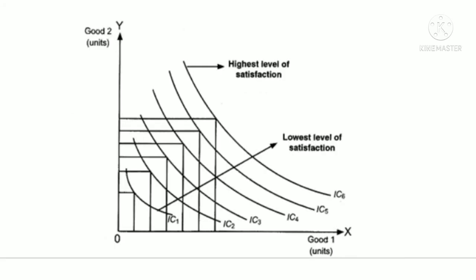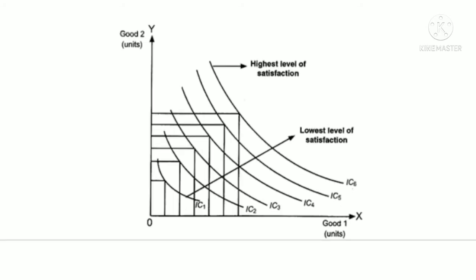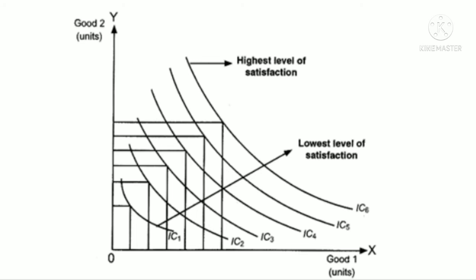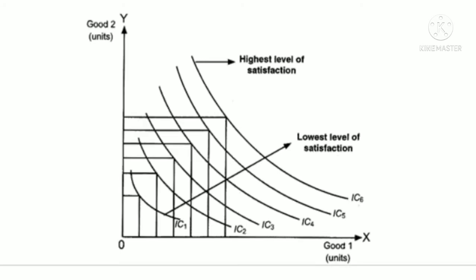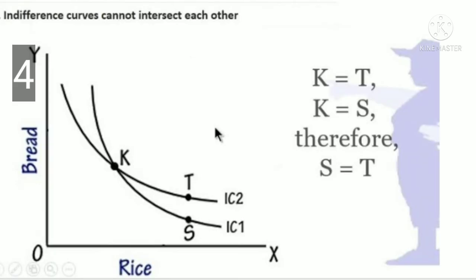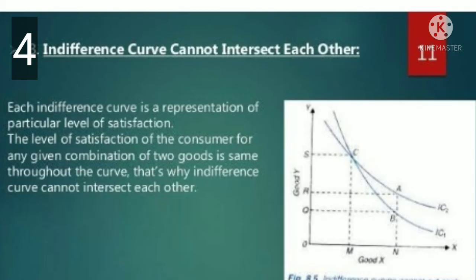Whereas every IC to the left shows lesser satisfaction as it contains lesser quantities of both the goods, or at least one good. Two IC curves never intersect each other.